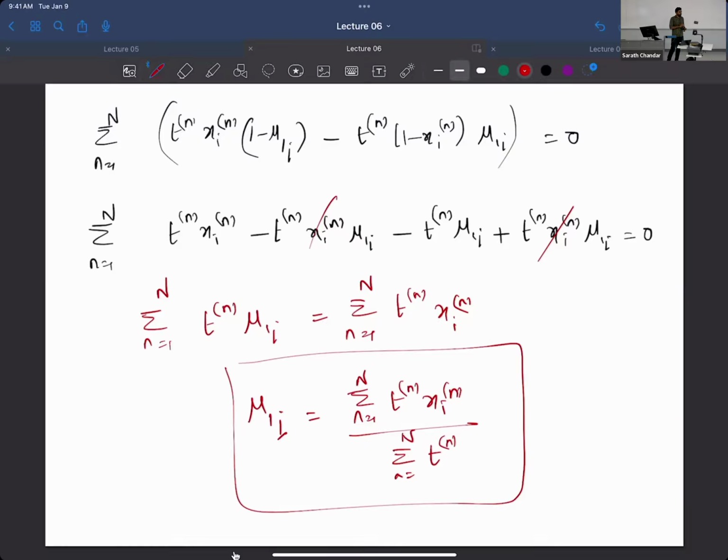So what is mu 1i? Weighted average of the data points of the class. Sorry, can you repeat? Weighted average from the data points of the class we are looking at. Is it a weighted average? It's not weighted.